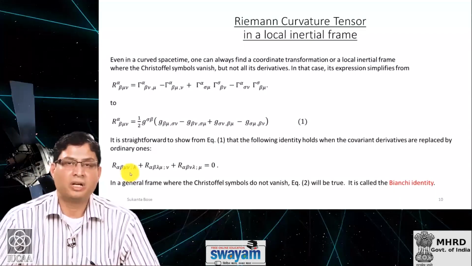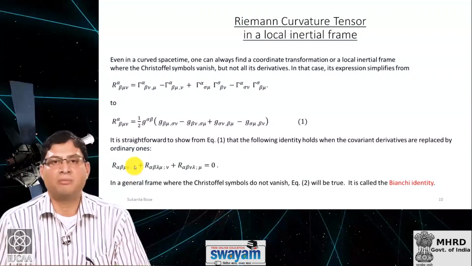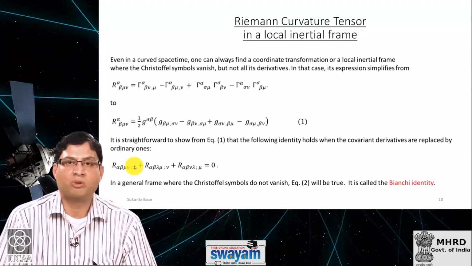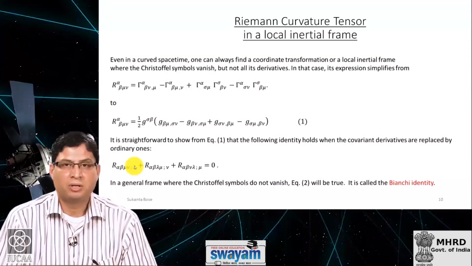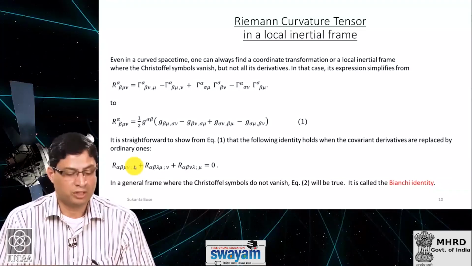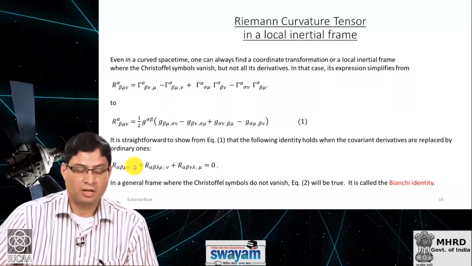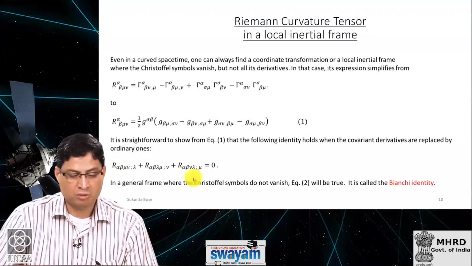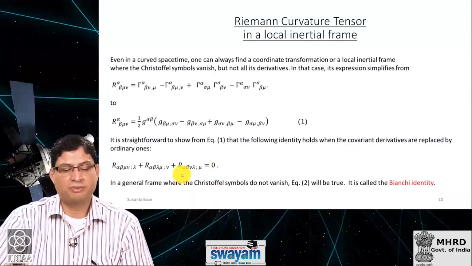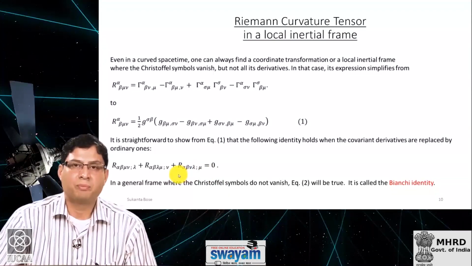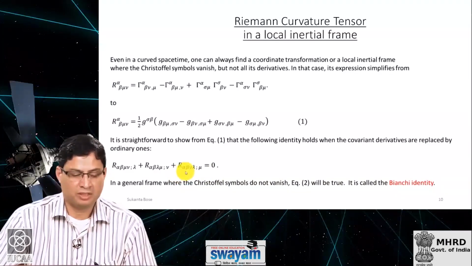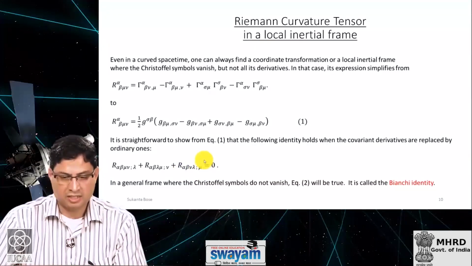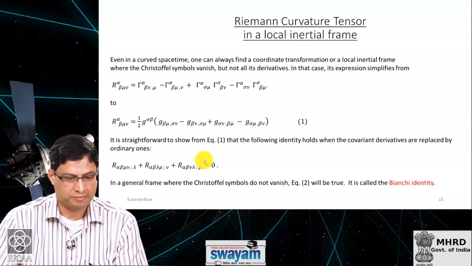In working out the independent components of R alpha beta mu nu, this is one other constraint that I didn't talk about, but all of those combined actually leave you with only 20 independent components of this tensor, which is great. This is known as the Bianchi identity, and this is like conservation. It's a geometric property, but we will utilize it eventually to define Einstein's equations in a few more slides.